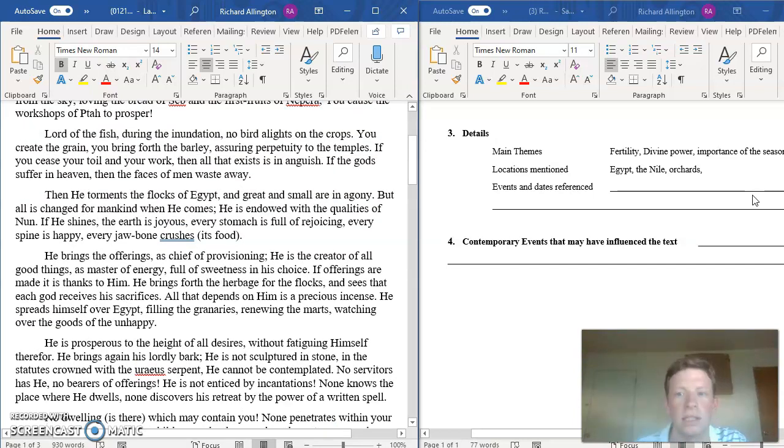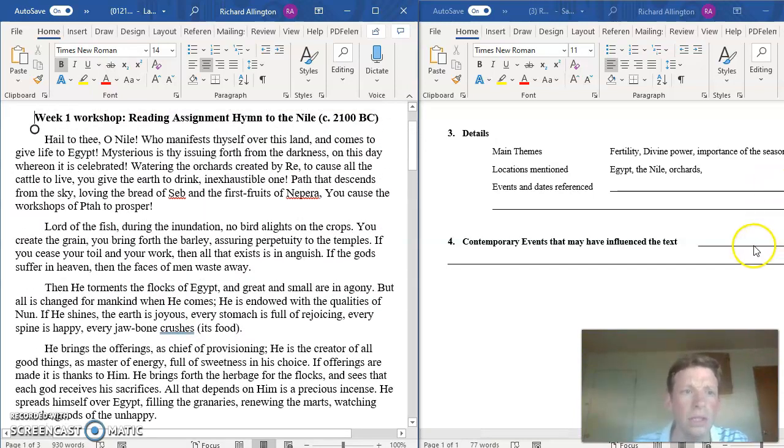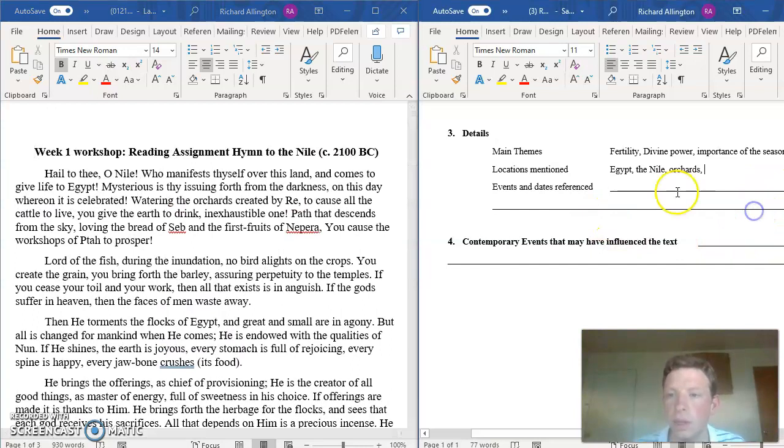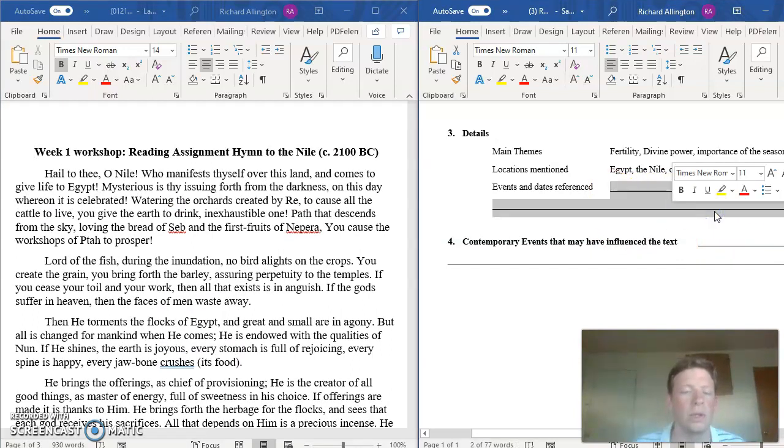Events and dates that are referenced. Not a whole lot in this text. There will be in other texts, but not a whole lot in this text because it's a religious text. So we're not seeing as many dates as we would see in a historical text or a political text or a legal text. But one event, and again, when you do yours, you should name all the events and dates that are referenced. But here I'm just going to give you one, just to give you an idea.